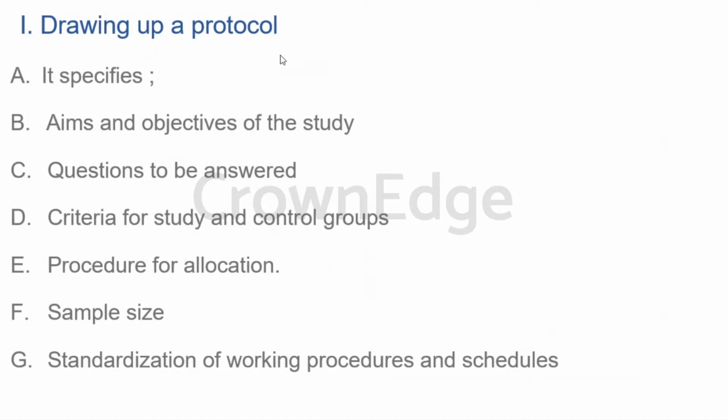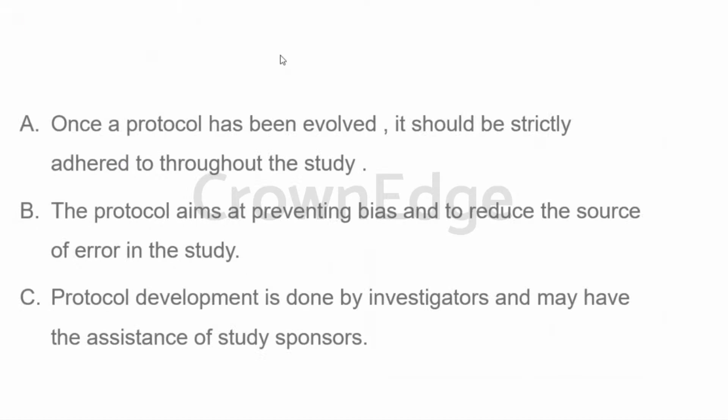It has to include the aims and objectives of the study, the questions that have to be answered, the criteria of the study, and the control groups, procedure for allocation into study and control groups, sample size, standardization of working procedure, and schedule. All these things have to be included in your study protocol. Once a protocol has been evolved, it should be strictly adhered to throughout the study.